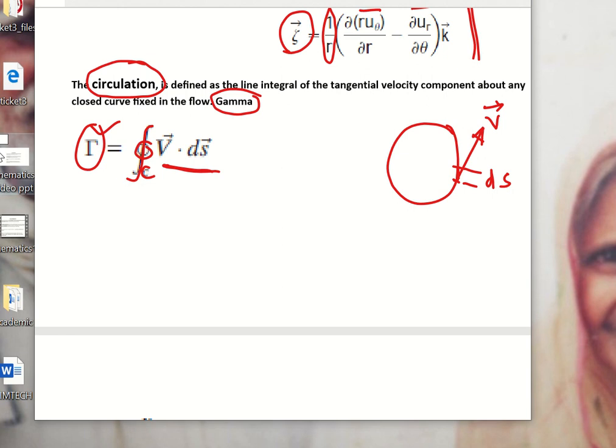We have evaluated different types of deformation when they pass through these different flow fields, and we have related the linear strain rate, the rate of rotation, and the shear strain rate to the corresponding velocity gradient. And then we discussed vorticity and circulation. Thank you.